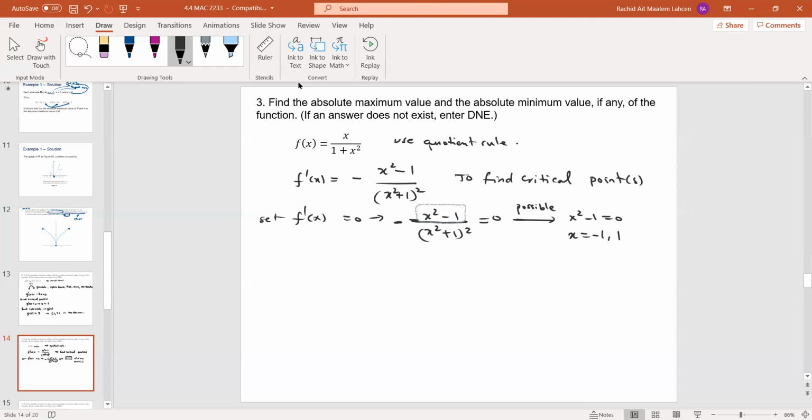We also investigate the denominator. So these for sure we have critical points. But let's investigate the denominator, because can this be 0? No, because when you do this, you get -1, which is not a real solution.